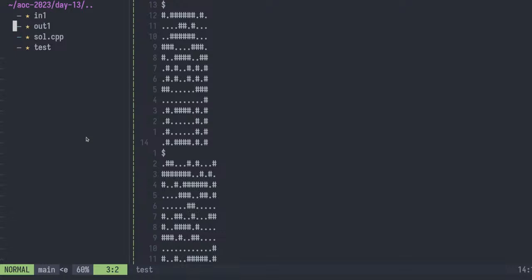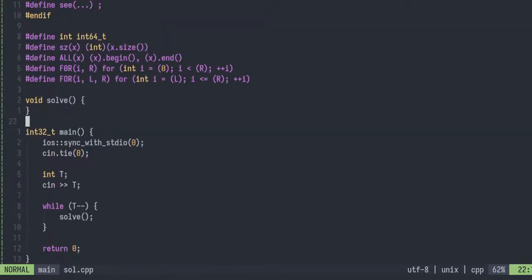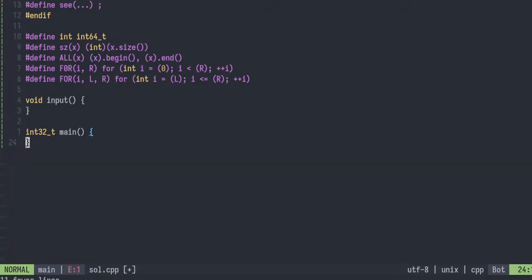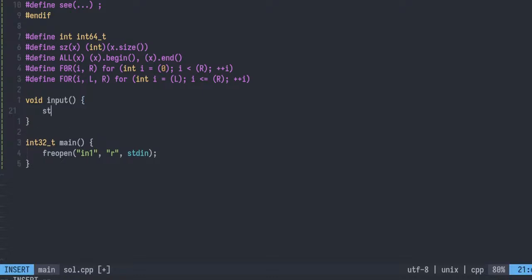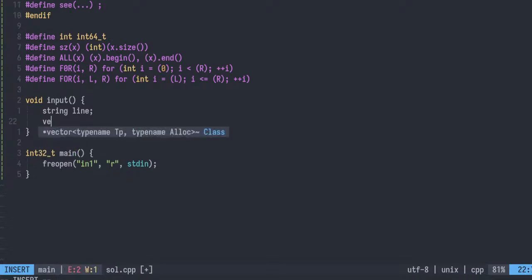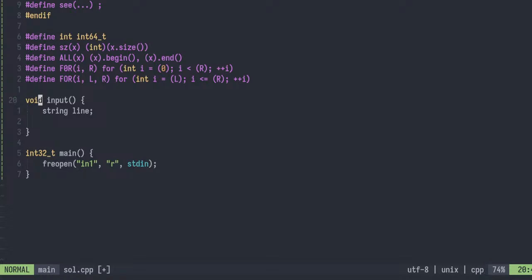Okay. Let's do it for the sample test case first. We have, do it like this, I guess.